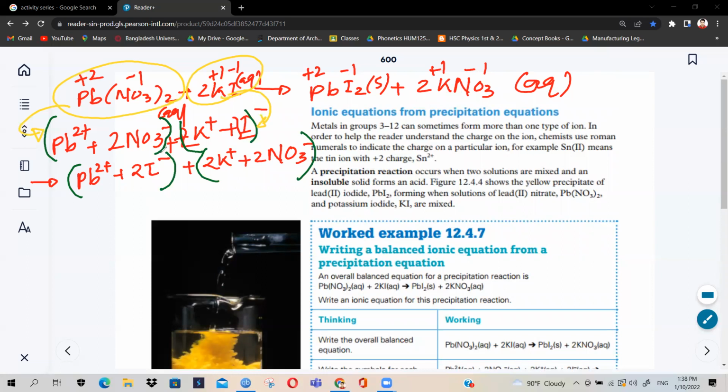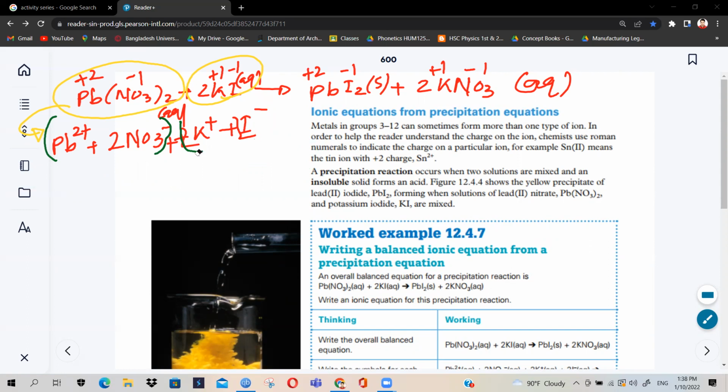We have already figured out the charges. Let me try to simplify it. Forget about the right side first.